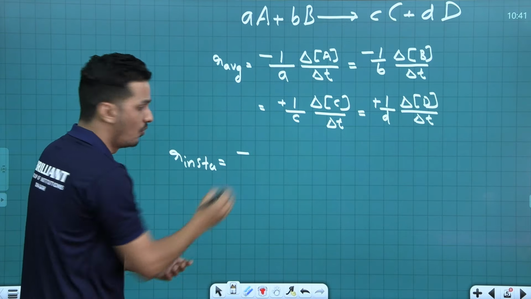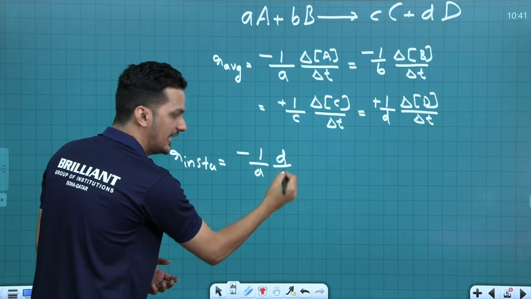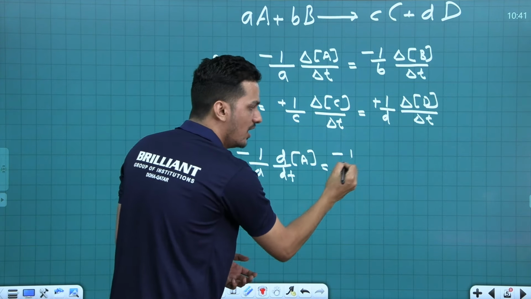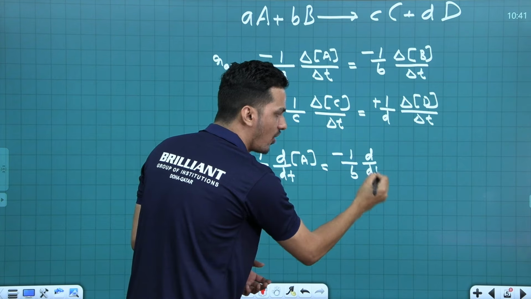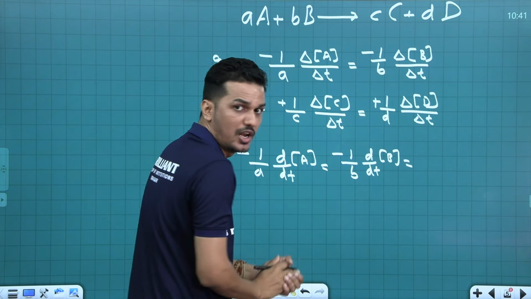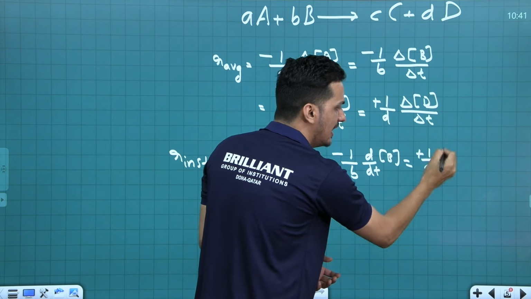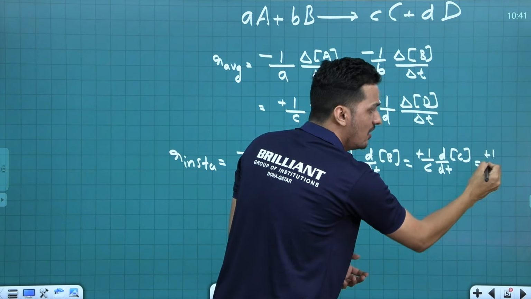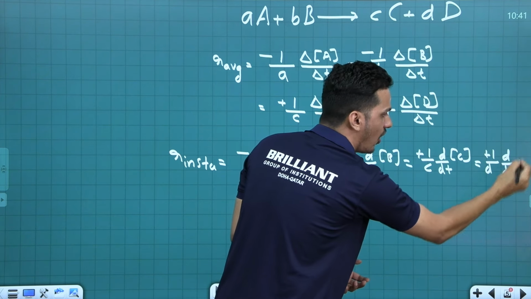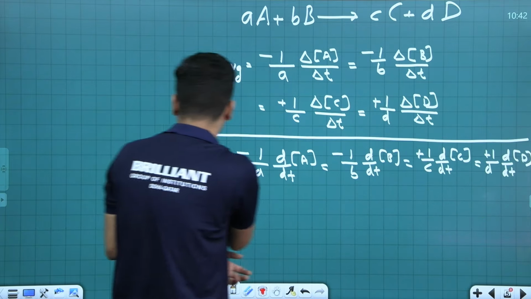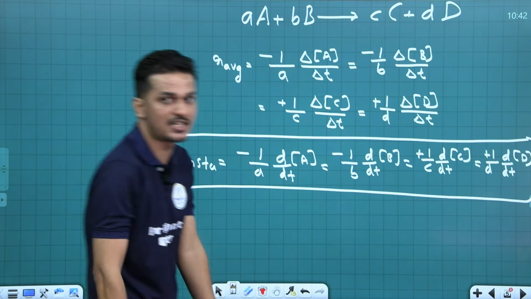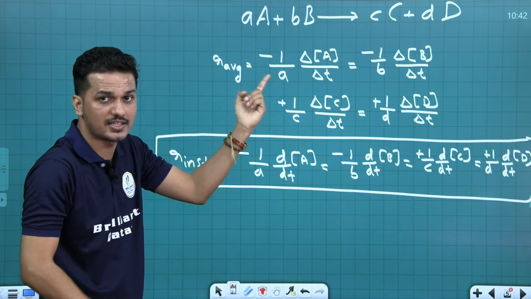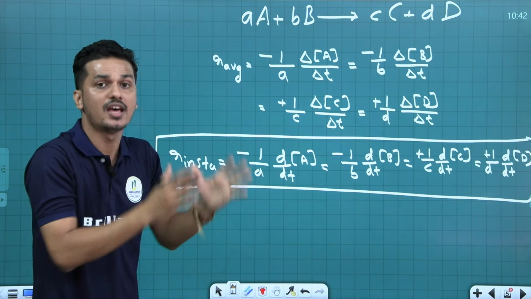So negative 1 by a, d by dt of concentration of A, equal to negative 1 by b, d by dt of concentration of B, equal to plus 1 by c, d by dt of concentration of C, equal to plus 1 by d, d by dt of concentration of D. This is the idea you have to remember, guys. Likewise, we represent R average as well as R instantaneous, the rate of reaction.